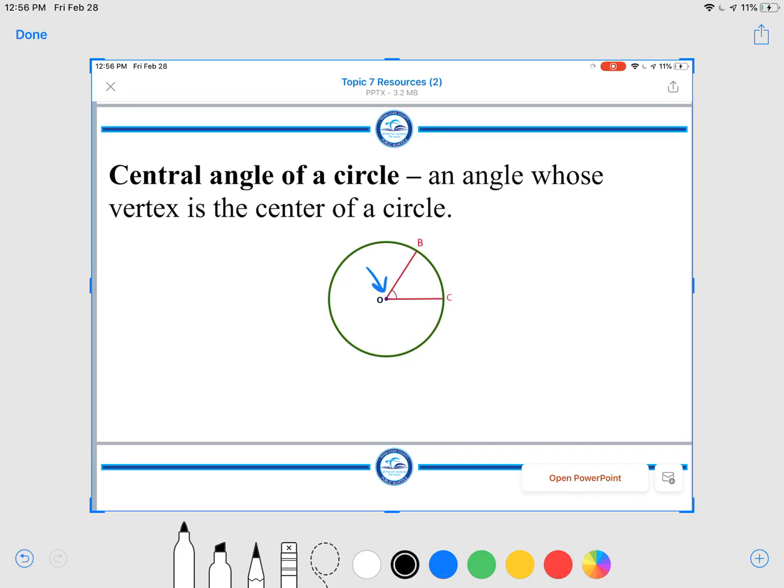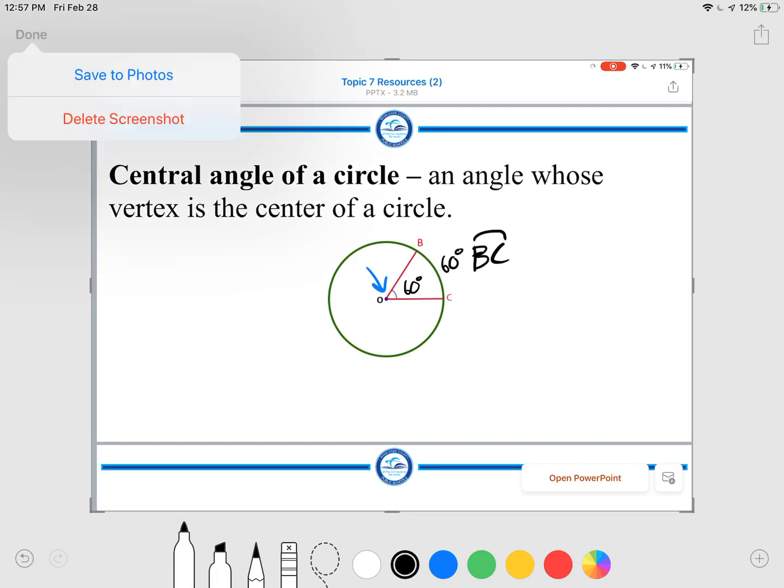One of the things we're going to learn is that however many degrees this is, let's say this is 60 degrees, then we're going to measure this arc out here, BC, as 60 degrees as well. So we're going to define an arc measure in terms of a central angle. And it'll just be a one-to-one correspondence, so they'll just be the same number.